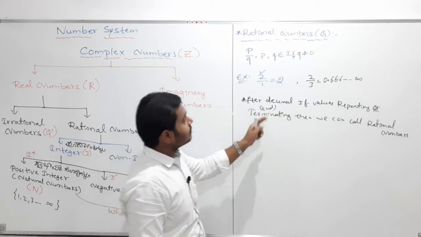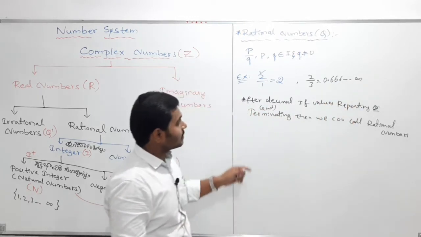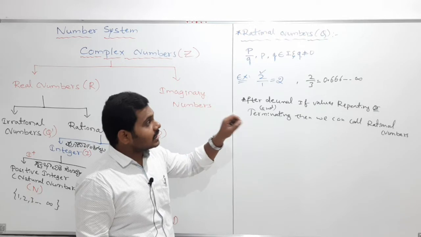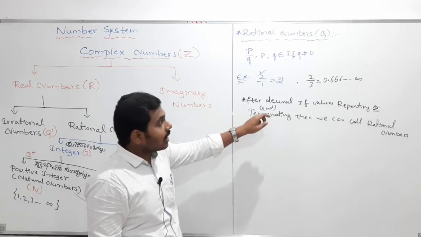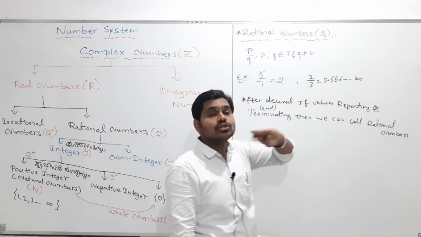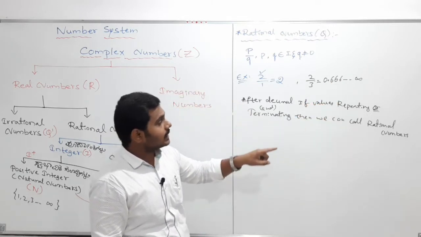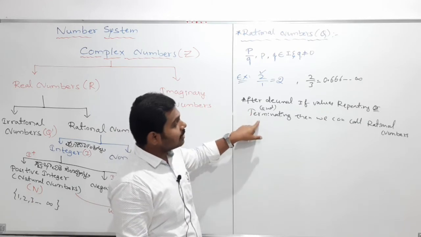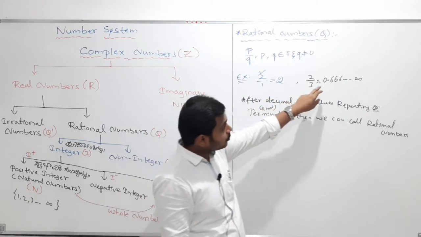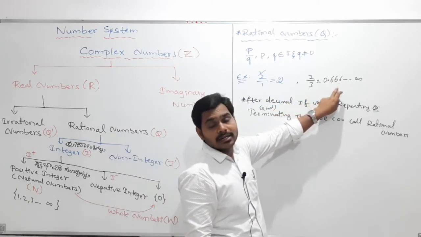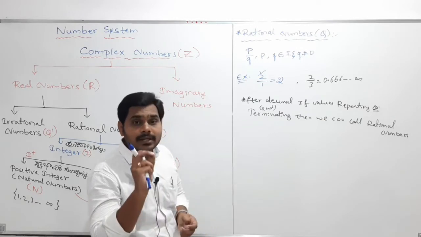Terminating means the value after the decimal should stop, but 0.6666 and so on does not end. What is happening here is that the value is not terminating. Clear? So it is not terminating.